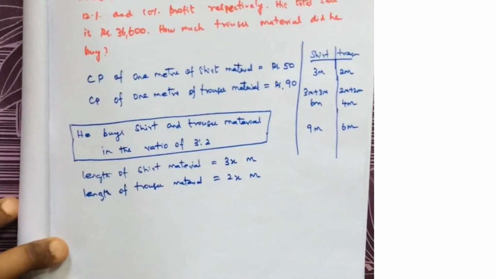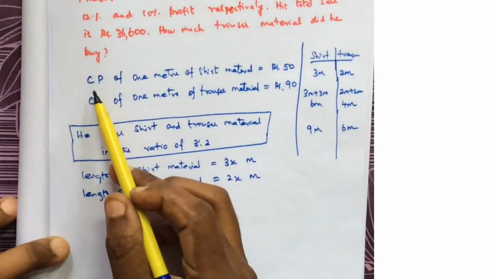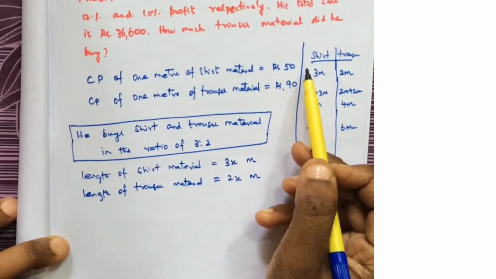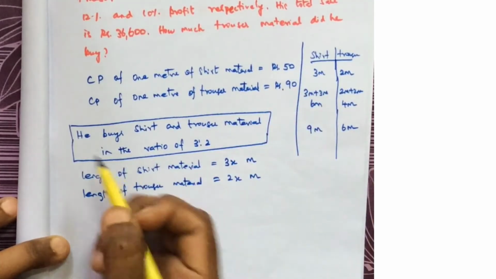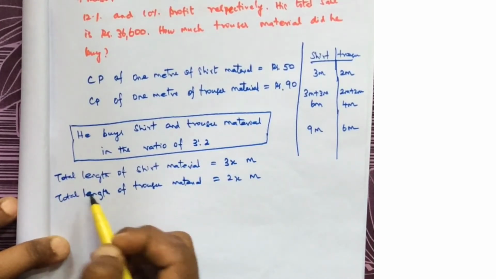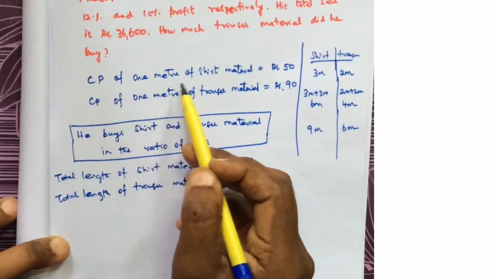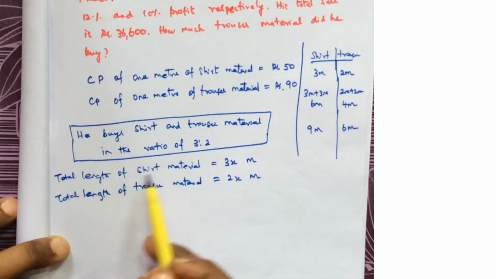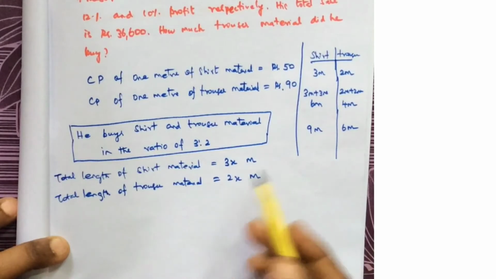Okay, now the cost price of 1 meter of shirt material is rupees 50. He bought a total of 3x of shirt material.